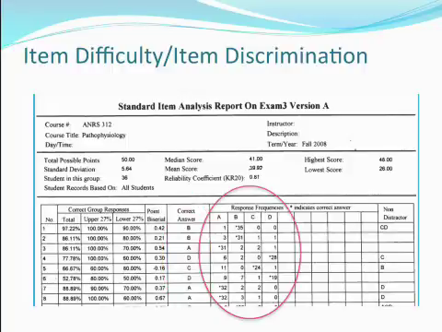Response frequencies: for each question item, the computer tells you how many students selected each response. If you look at line number 1, you see that 1 student selected A, 35 students selected B, and no students selected C or D. You'll notice the asterisk beside the 35 B. That's because that is the correct response.